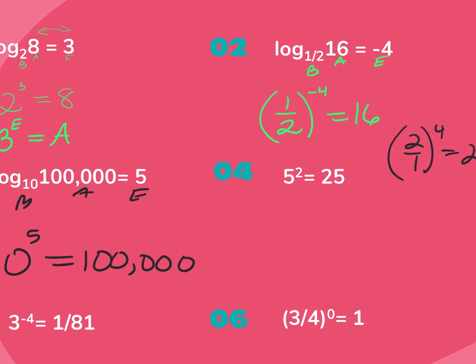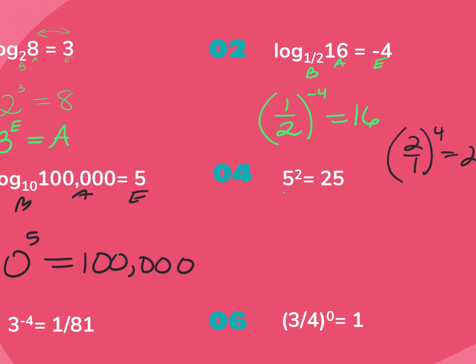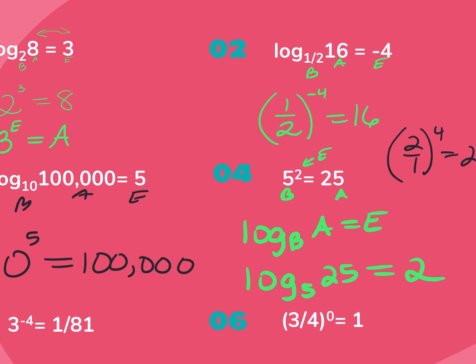So remember, the 5 is the base, the 2 is the exponent, and the 25 is the answer. So when we go to fill it in, we're going to be putting it into BAE. So this would become log base 5 of 25 equals 2.